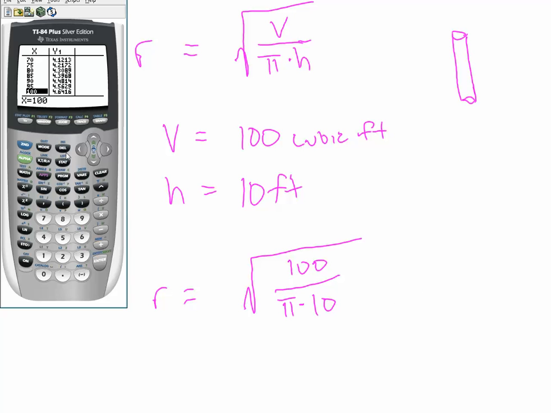If I do this in my calculator, I could take the square root of 100 divided by, I'm just going to put 10 pi in parentheses just to make sure that the graphing calculator knows that I should divide 100 by 10 pi and not divide 100 by 10 and then multiply by pi.